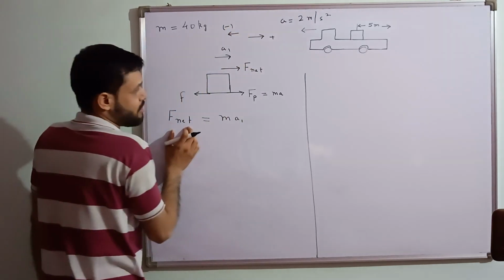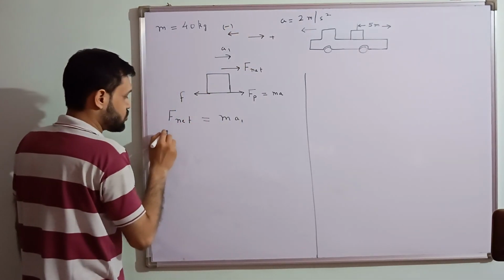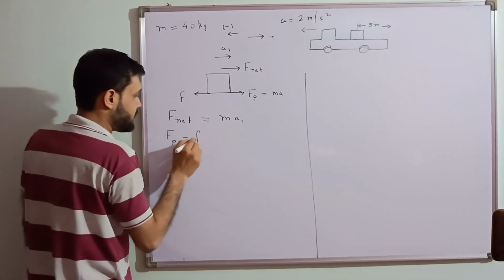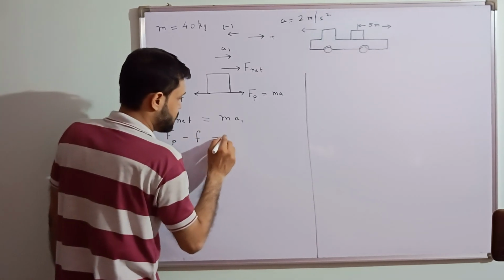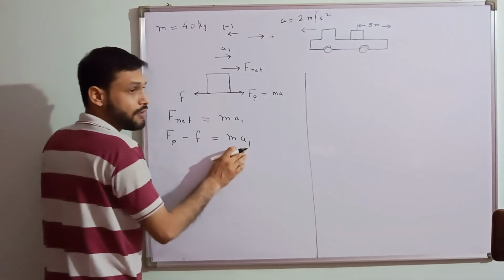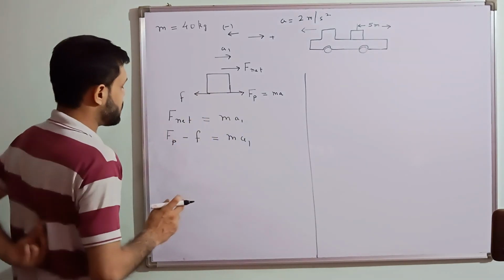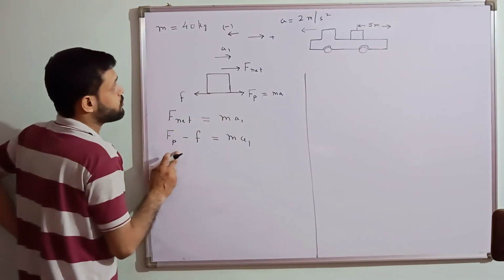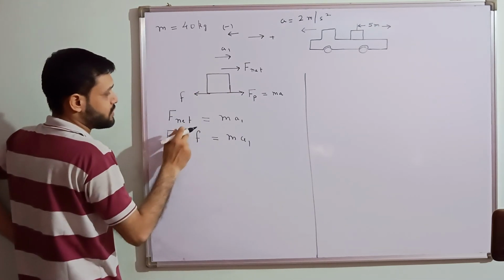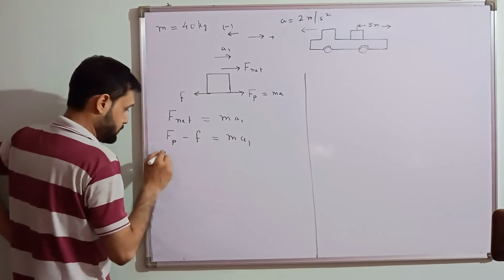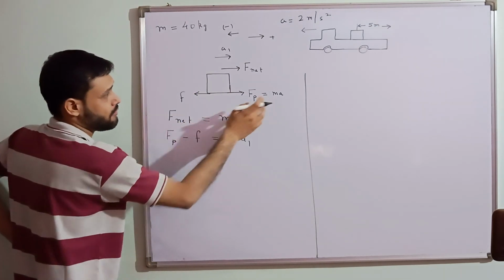So what will happen? What is the value of F net? That is the pseudo force minus friction is equal to MA1. We need to find the value of this A1. What is the pseudo force over here? You know pseudo force is mass times acceleration. I have written it over here.